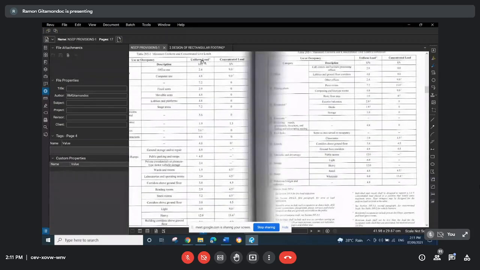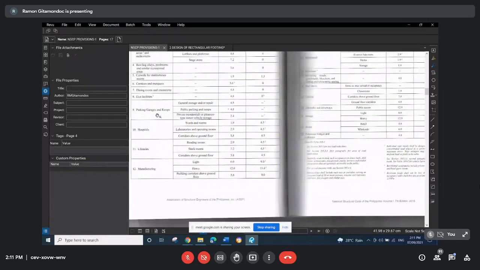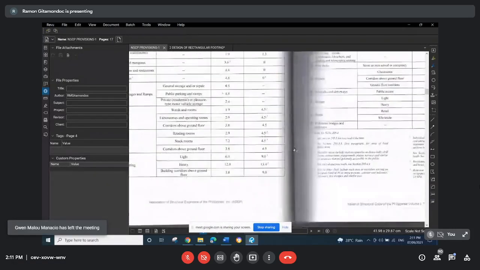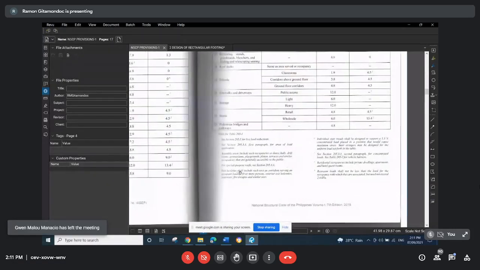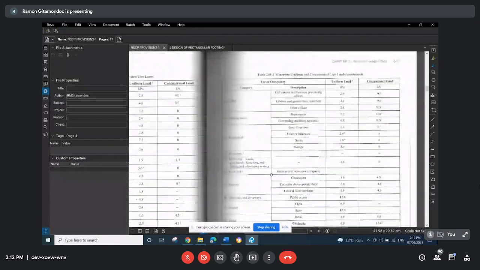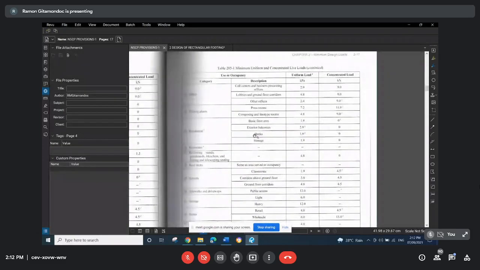Okay, so aside from the uniform load, you also have to consider concentrated load in some instances. So for example, for parking garage and ramps, naa diri ang subscript number 7. I think that will depend on the type of vehicle that will be parked in a certain garage.